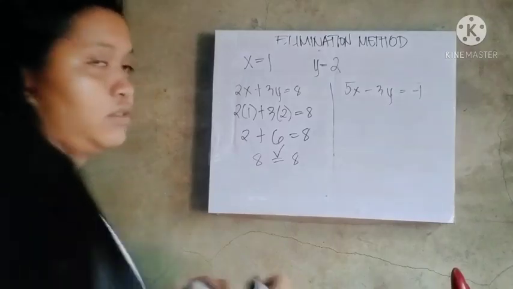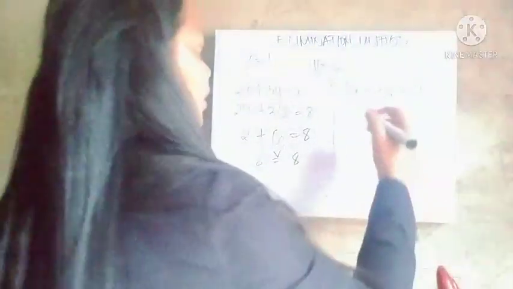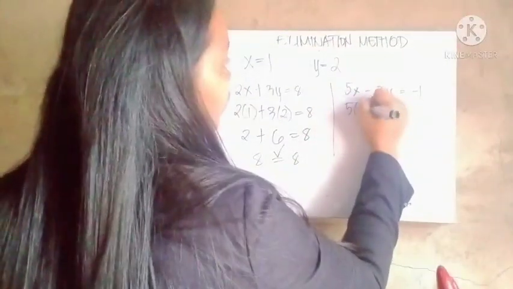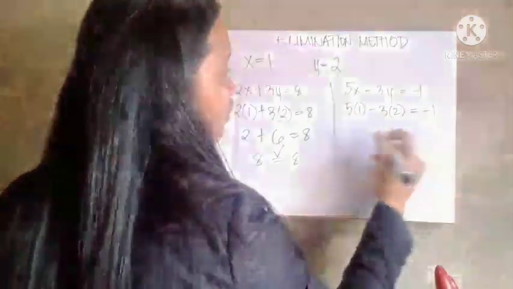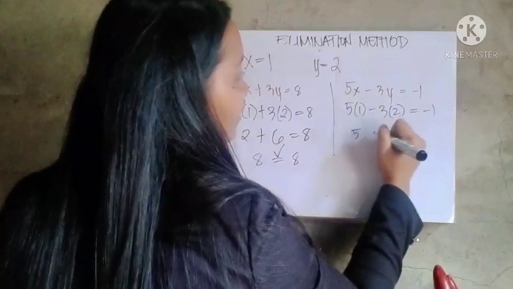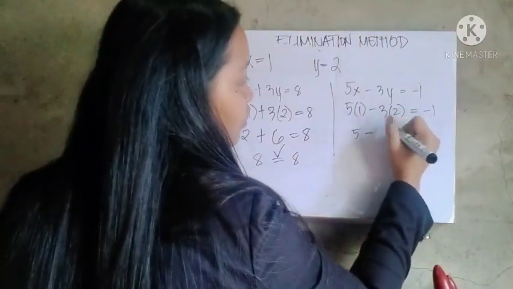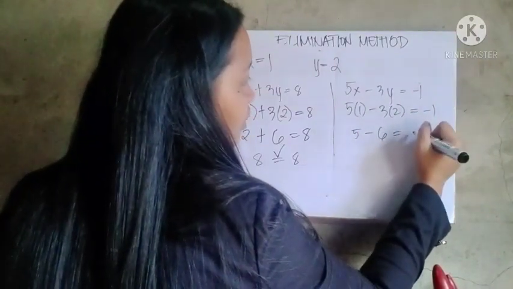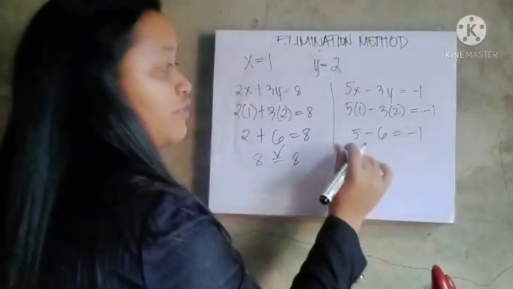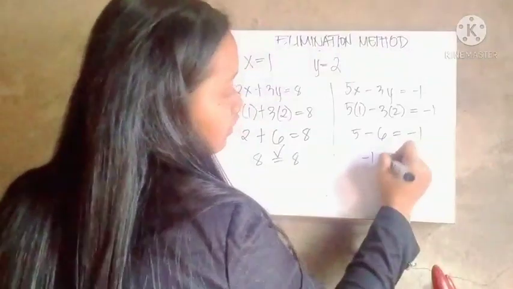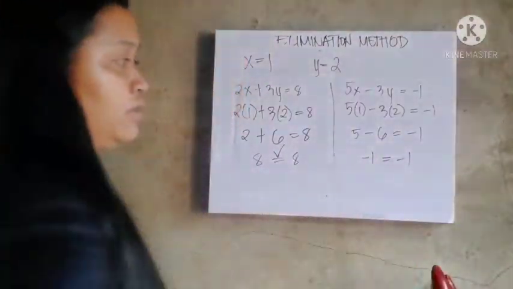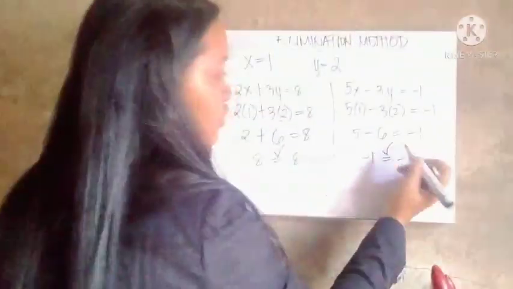So it's correct. Next equation. 5 times 1 minus 3 times 2 is equal to negative 1. 5 times 1 is equal to 5, minus 3 times 2 equals 6, is equal to negative 1. So 5 minus 6 is equal to negative 1. So it's also correct.